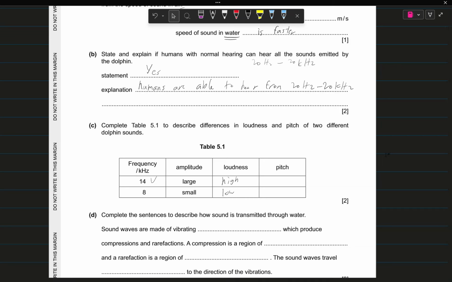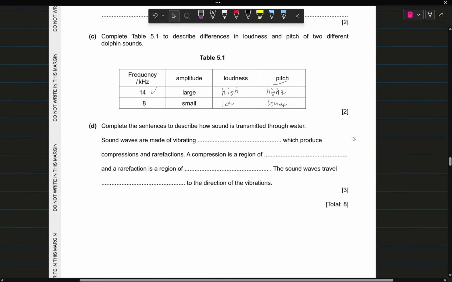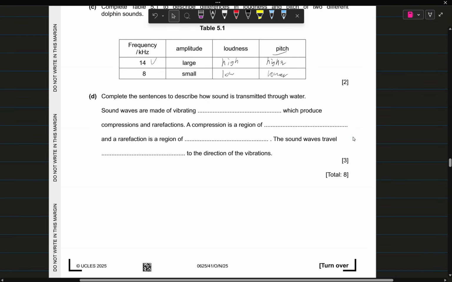So the pitch will be higher, while here the pitch will be lower. Lower. Okay, that's that.